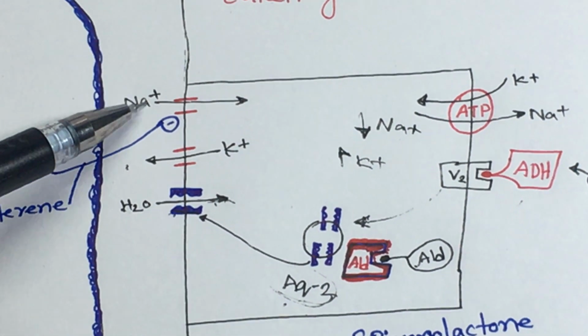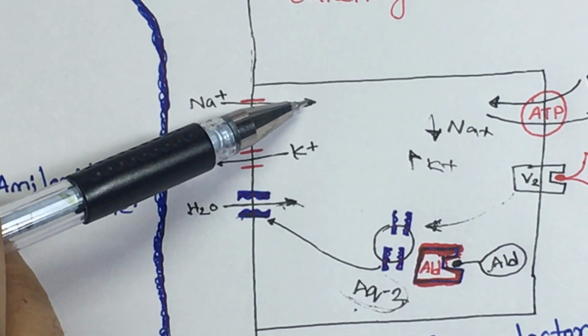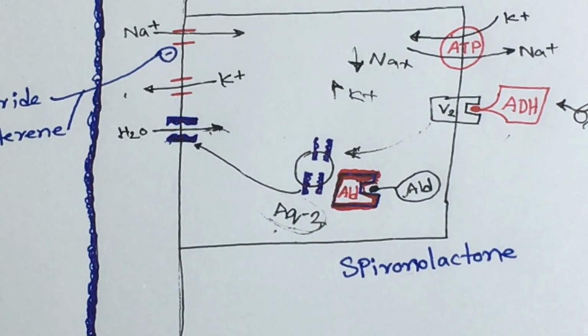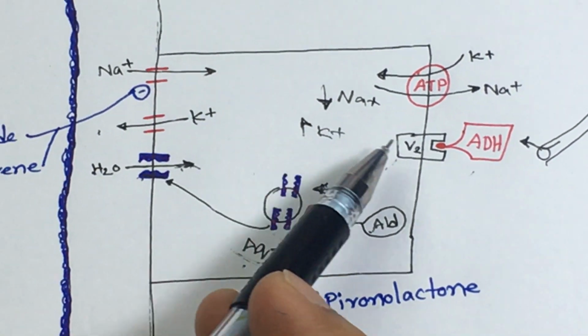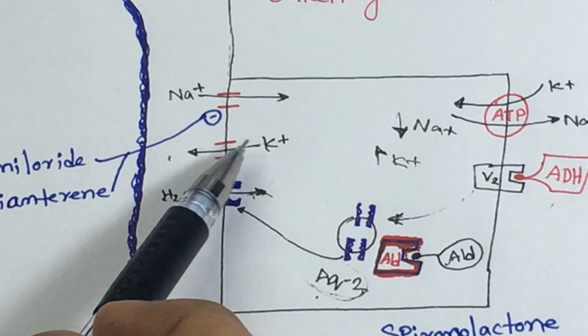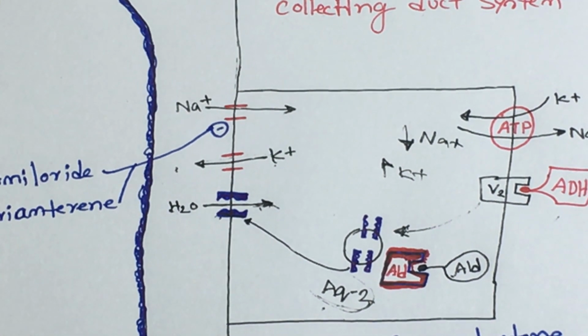So more sodium can be reabsorbed, and we will tell you later how this aldosterone also increases potassium excretion.